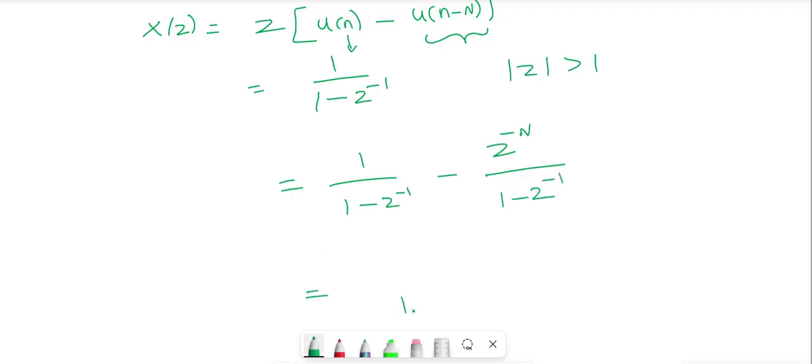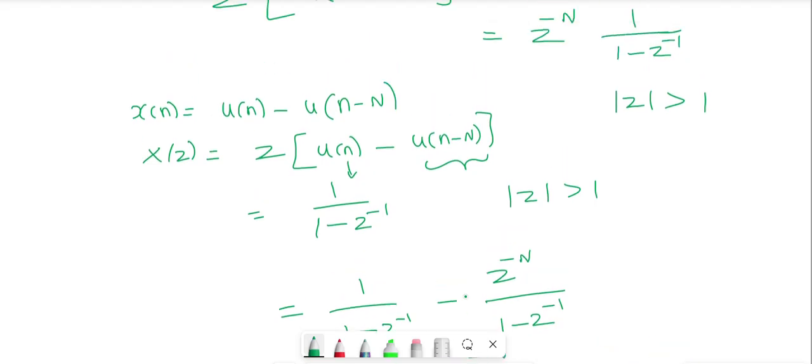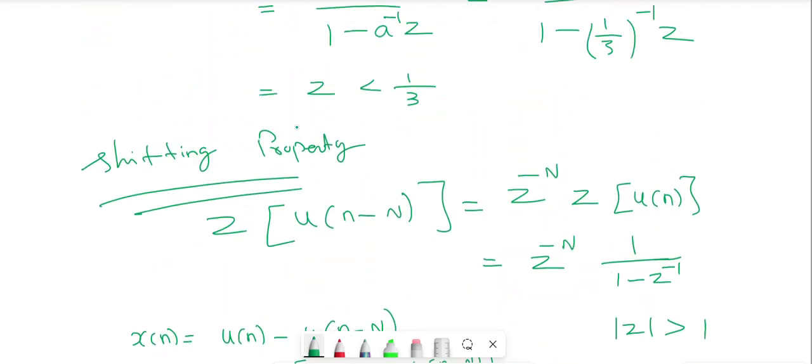Taking the common term 1 minus z inverse, you get 1 minus z to the minus n, where modulus of z is greater than 1. So these are the different problems. For the earlier one, z will be less than 1/3.